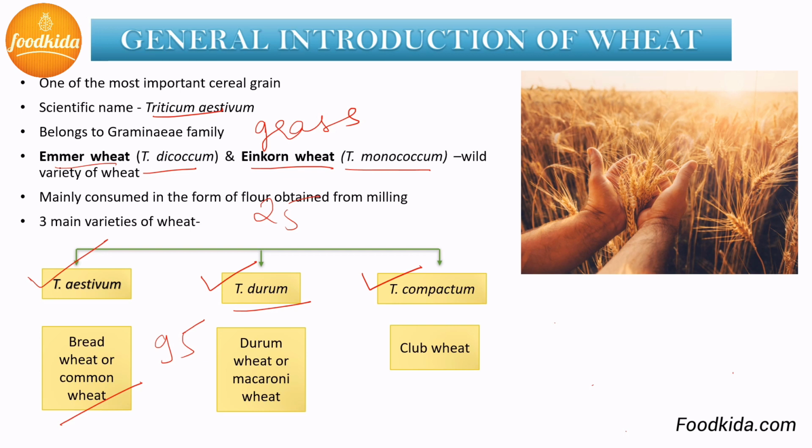Thus, it is used in the preparation of pasta products. Now, third one is Triticum compactum or club wheat. These two varieties, Triticum dicoccum and Triticum monococcum, are collectively known as Triticum compactum. And among these two, Triticum dicoccum production mainly occurs in India, which is mainly used in the preparation of semolina or suji, and its production is around 1% in India.